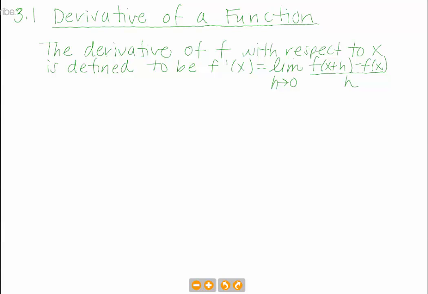Now we can also define the derivative to be the rate of change of f at x.